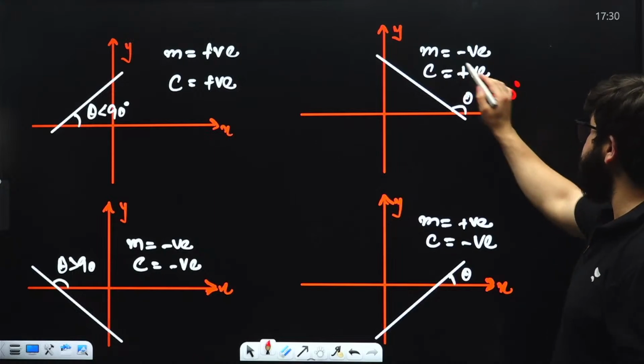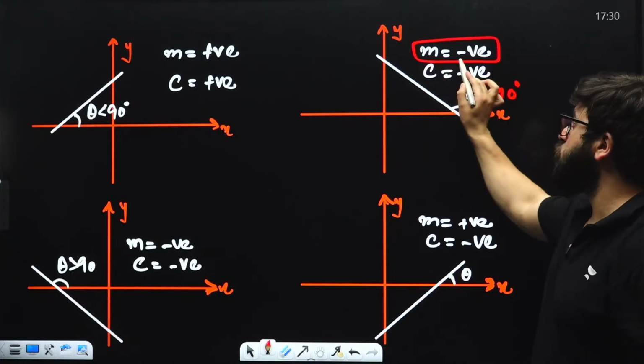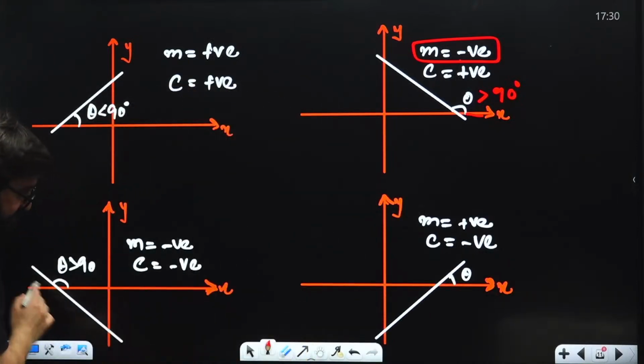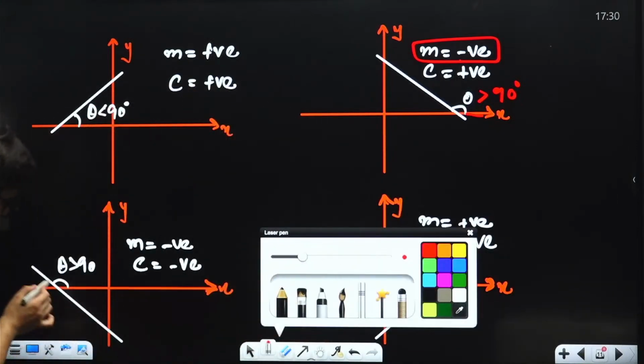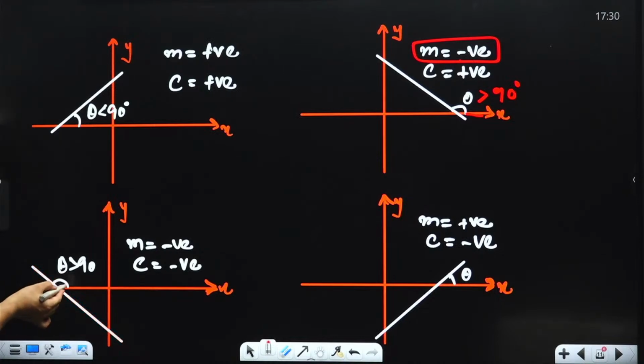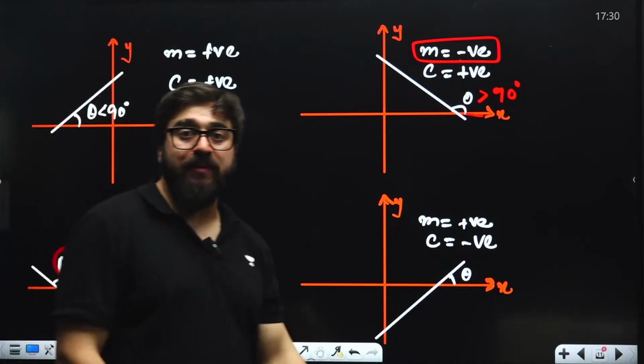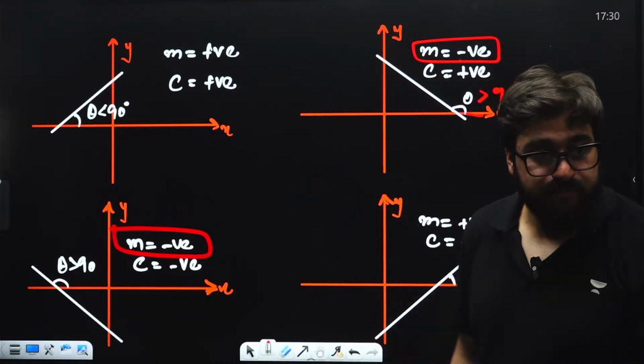In that case, the slope will be negative. Come over here. If the graph is something like this, with the x-axis it is making an angle theta greater than 90 degrees, so the slope will be negative in this particular case.